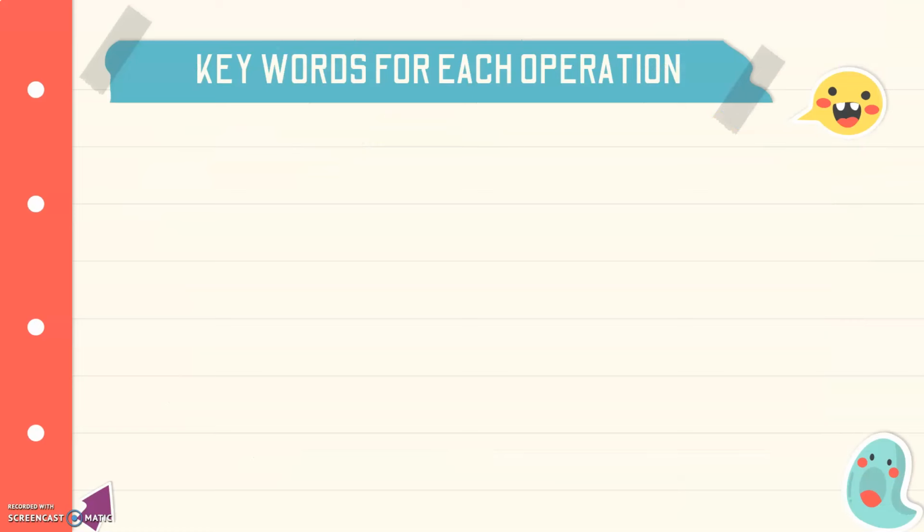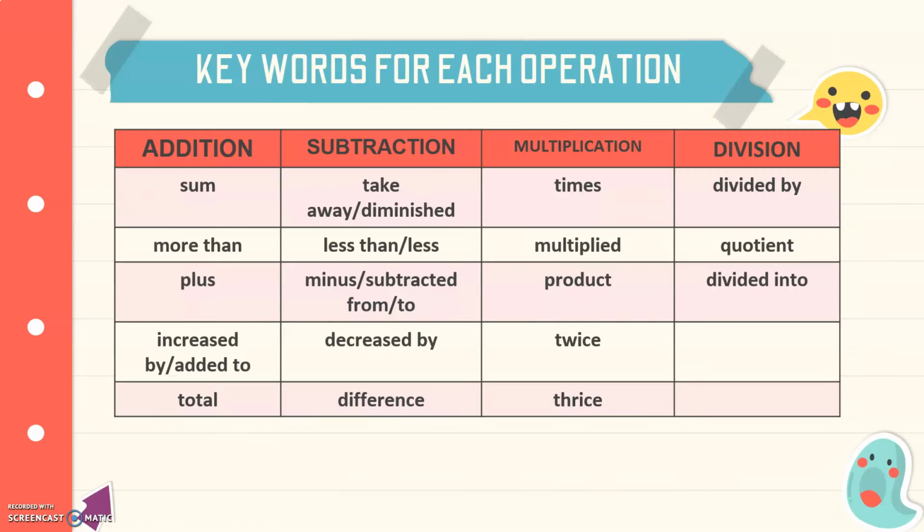But first, let us take note of these keywords. For addition, these are our keywords: sum, more than, plus, increased by, added to, or total. For subtraction, we have take away, diminished, less than, or just less, minus, subtracted from, decreased by, and difference.